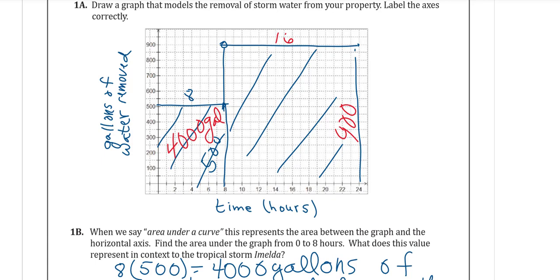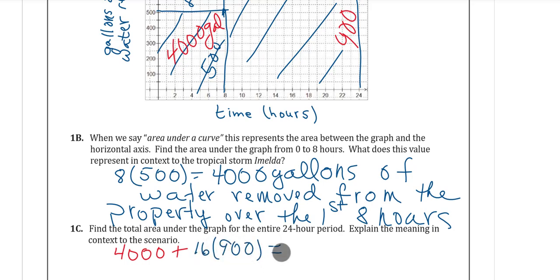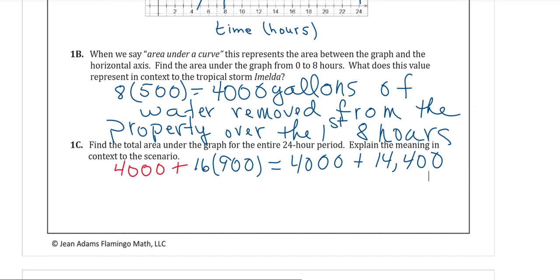Okay, so putting this together, the entire area is going to be our 4,000 plus, now we have to do 16 times 900, which gives us a total of 4,000 plus 14,400. So we have a total of 18,400 gallons.